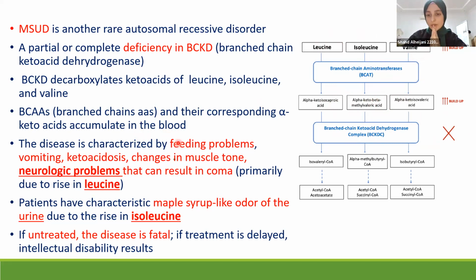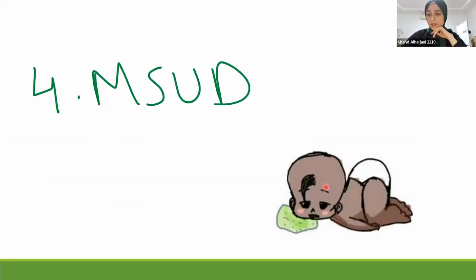Now, what are the effects of this disease? First, from the name, you have maple syrup odor of the urine, and this is mainly due to isoleucine. Now, what about the somatic symptoms? We have changes in muscle tone, ketoacidosis, vomiting, feeding problems. So you can go back to this picture and see changes in muscle tone.